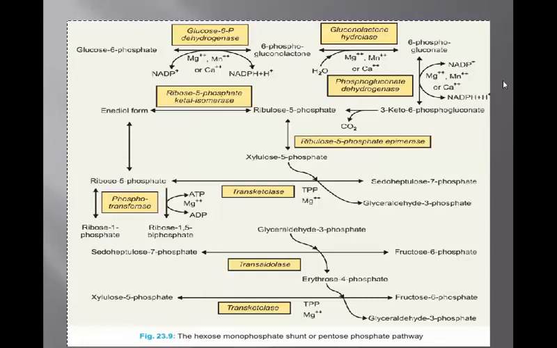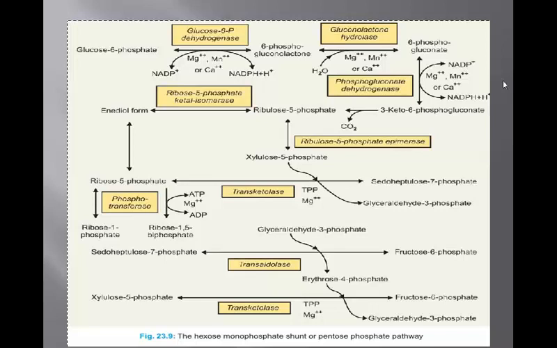Let's see the cycle. Glucose 6-phosphate. Here, 3 molecules of glucose 6-phosphate, which is also part of glycolysis, enter the HMP pathway, where the 3 molecules of glucose 6-phosphate are converted to 6-phosphogluconolactone in the presence of the enzyme glucose 6-phosphate dehydrogenase, which requires NADP.